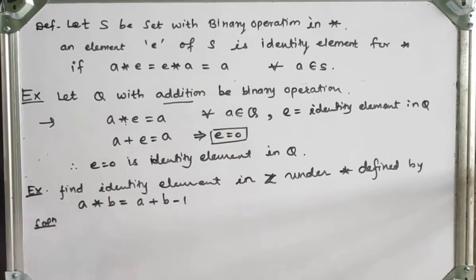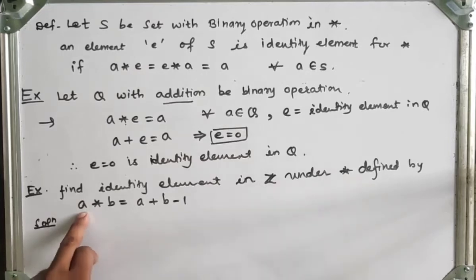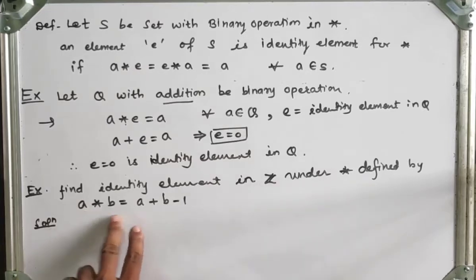Now we have the defined binary operation star under Z. So A star B is equal to A plus B minus 1. We have to find the identity element.